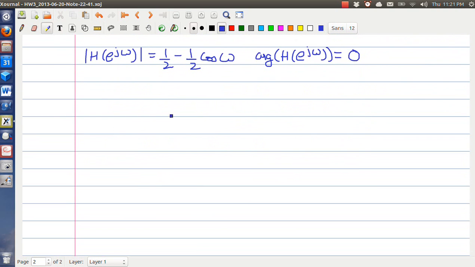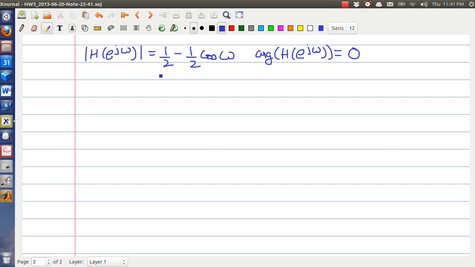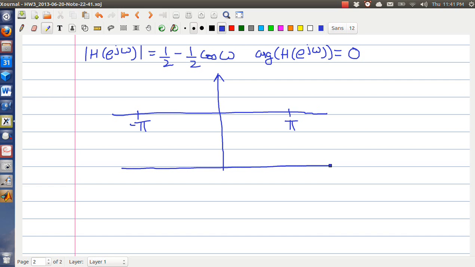Now to make plots for these, we need to make a plot for the magnitude and the phase. So we know that the frequency response that we need to draw should vary between -pi to +pi. Same thing with the phase response.